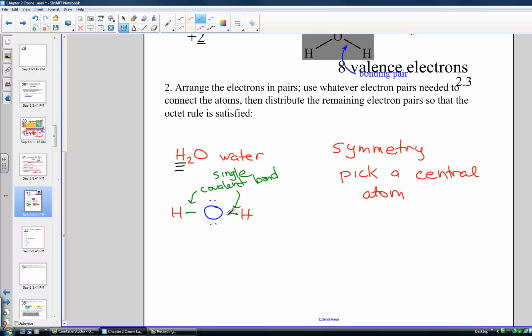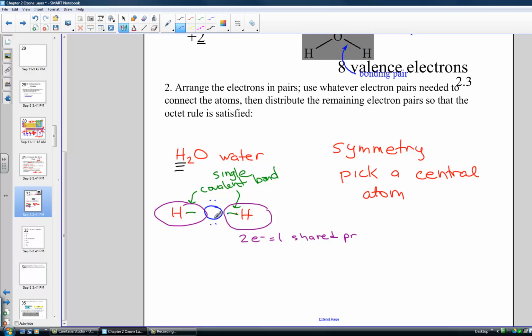So how many electrons does the hydrogen have now in total? Well, it has 2. One shared pair is 2 electrons. And that's exactly the number that hydrogen wants because its noble gas is helium, number 2. Same story over here: this hydrogen has 1 shared pair, or 2 electrons.